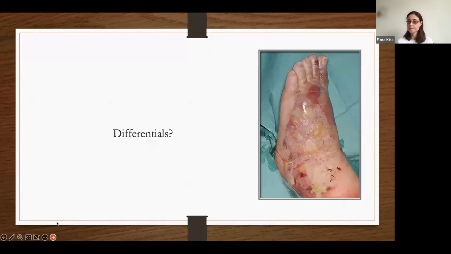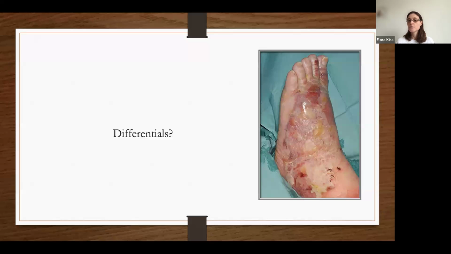Now, the next case I've brought is a case of, I'm just moving the Zoom window a bit here. So this is a case of bullous cellulitis.